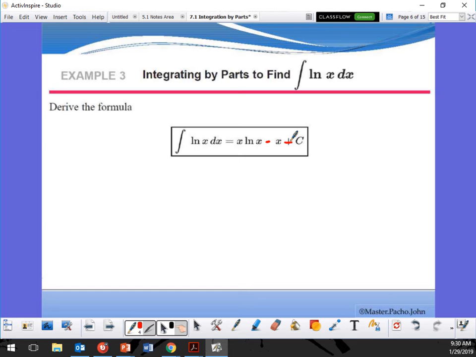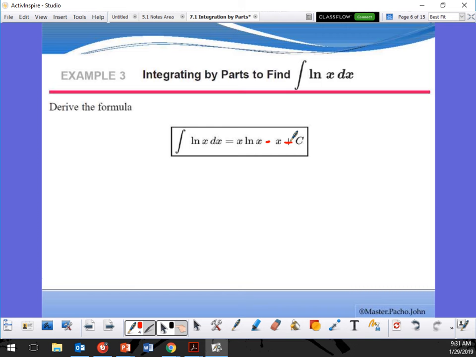So I need to identify certain things. If I say that ln x is my u value, could I do that? If I do that instead of my v, I can make this a little bit easier because I know what the derivative of ln x is, right?